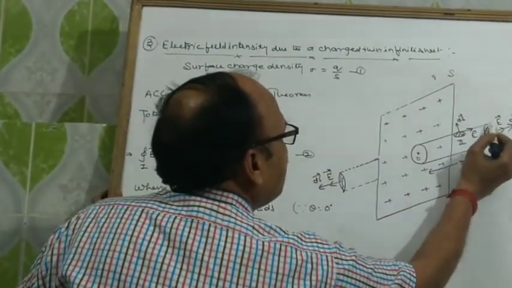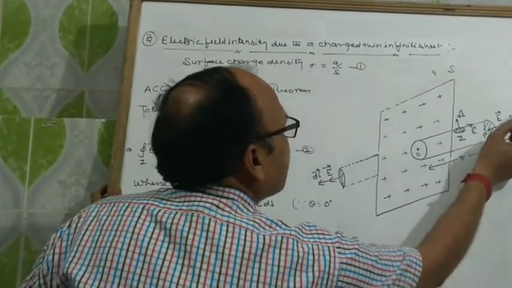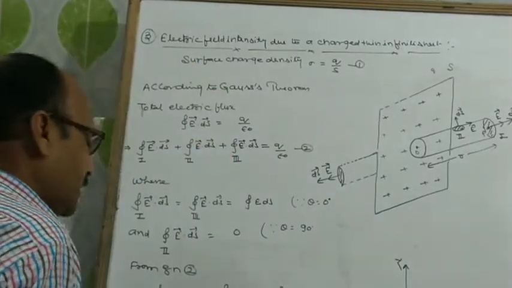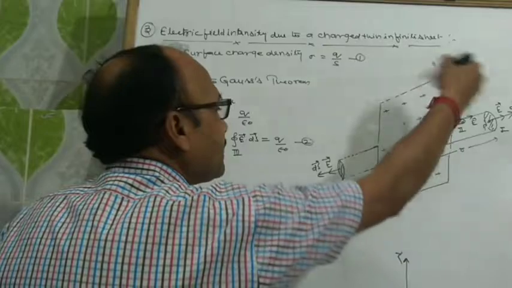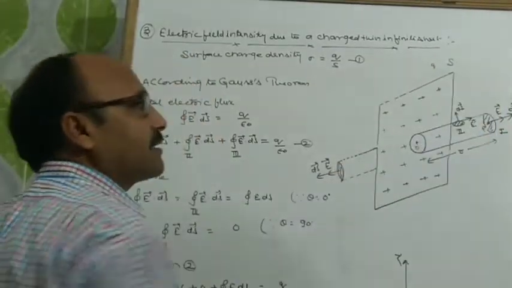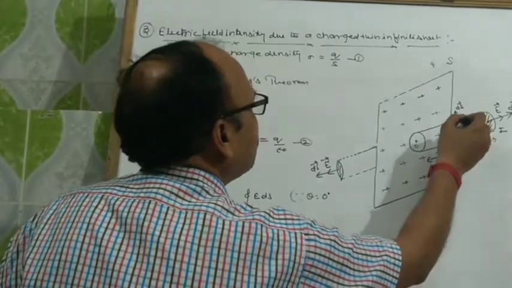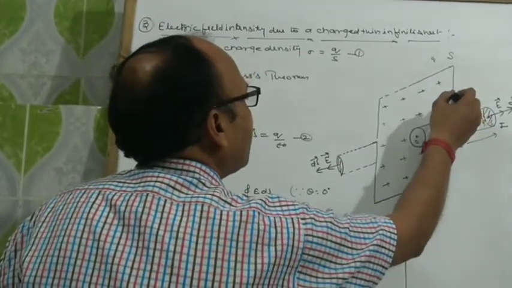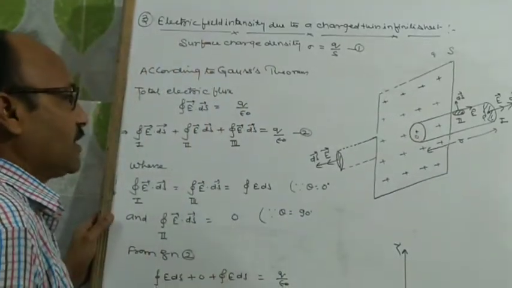At this cross section, means at point P, E and ds both will be in the same direction. Suppose this is the first surface. Second surface will be the curved surface of this cylinder. For the second surface, this is the direction of ds, and this will be the direction of electric field. Both are perpendicular to each other.